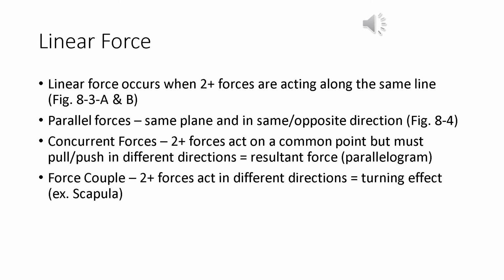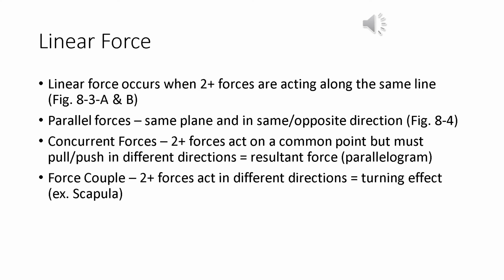We have an anterior deltoid, a posterior deltoid, and right in the center of that is the middle deltoid. Now, the really cool thing about this is if the anterior deltoid and posterior deltoid both contract at the same time, we actually get a nice smooth motion of abduction, which is what the middle deltoid is responsible for.